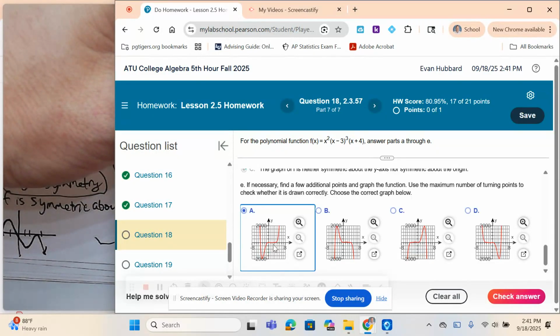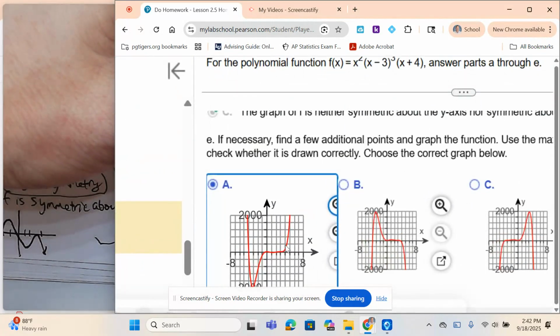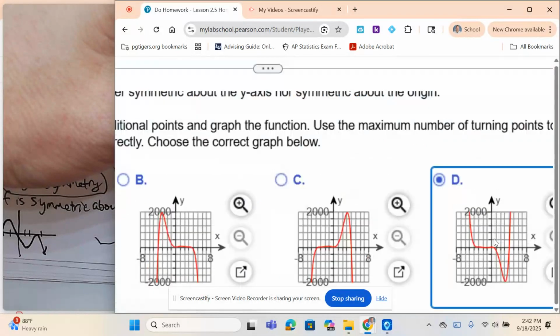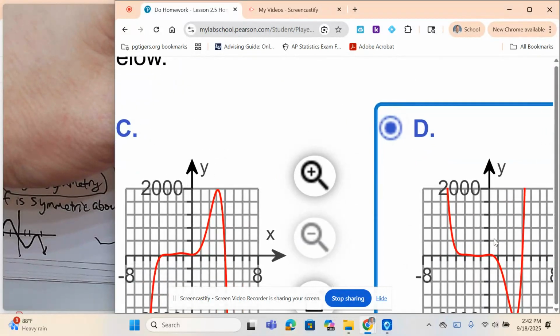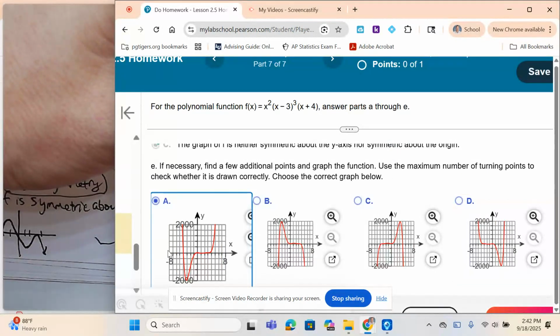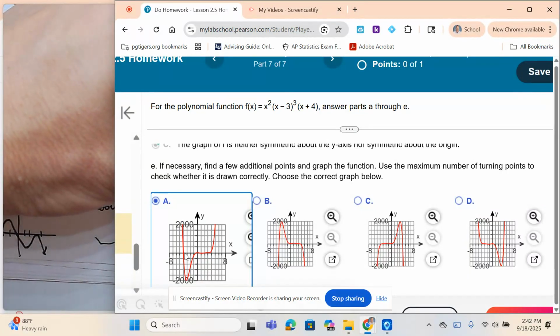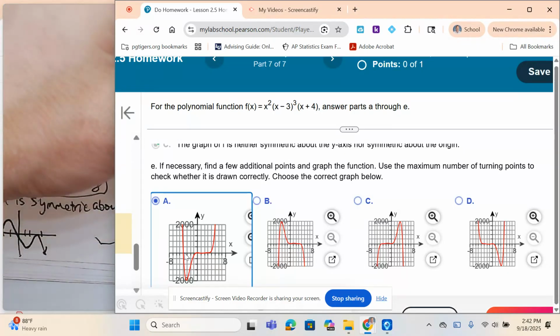There's a triple root at 3 and a double root at 0. There's a single root at -4, and it goes down low. There's a double root here, and then there's a triple root here. So it'd be that one.